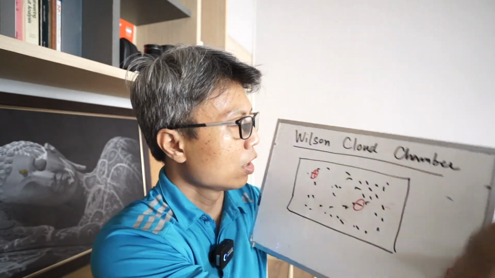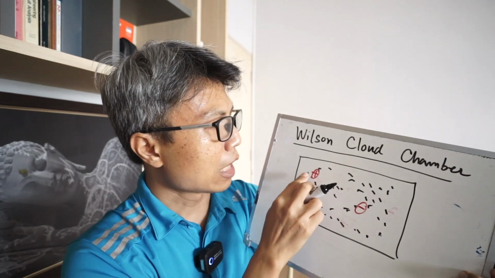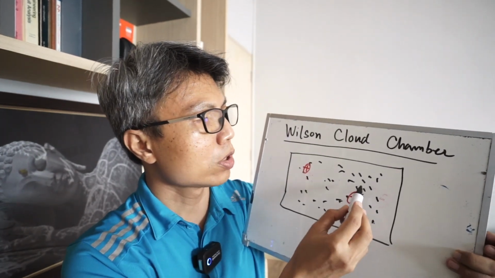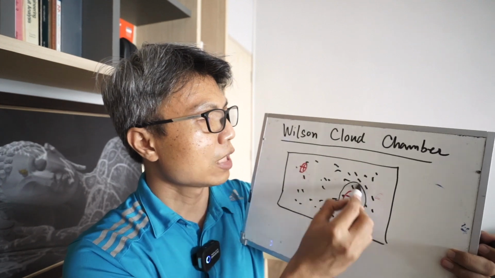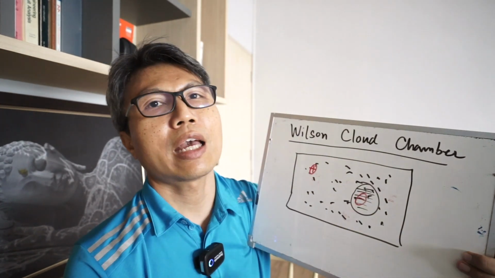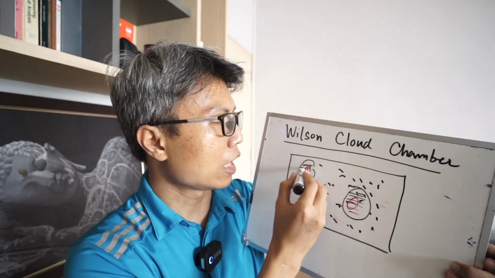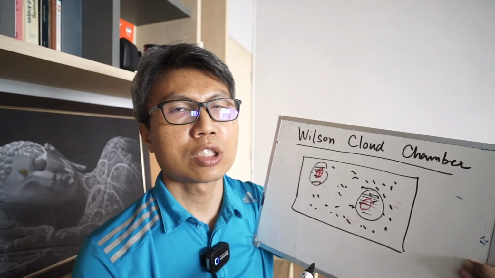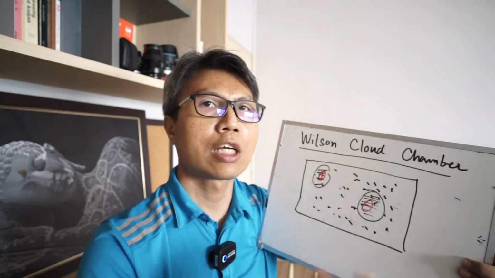Roughly speaking, if you just put the ion for a while in the cloud chamber, finally the water will be condensed and the center of the condensation is located at the positive charge and the negative charge.